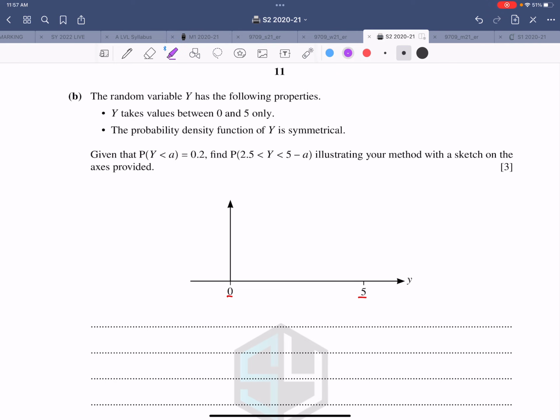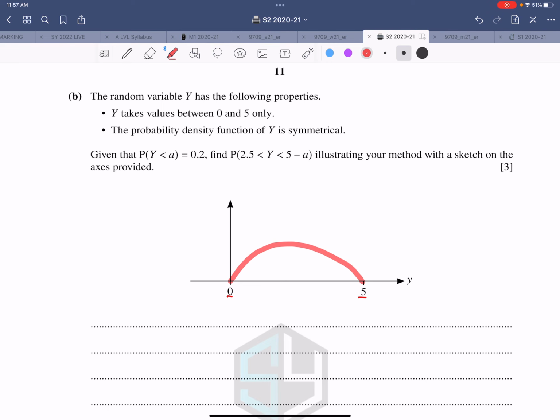Just draw a graph. I can either draw something quadratic like this, or something triangular like this. It doesn't make a difference at all. So let me just draw it something like this. Then it says, given that probability y less than a is 0.2.